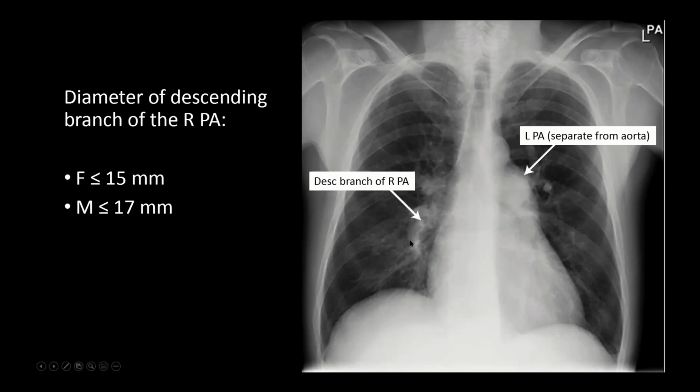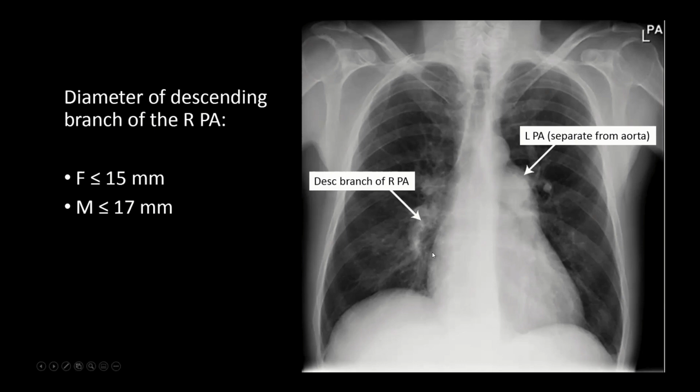You have the descending branch of the right pulmonary artery, and then you have the left pulmonary artery sitting separate from the aorta, making the second hump when you come down the left mediastinum and heart border. And you remember that there is a measure that you can use to decide if somebody has evidence of pulmonary hypertension on their plain film.